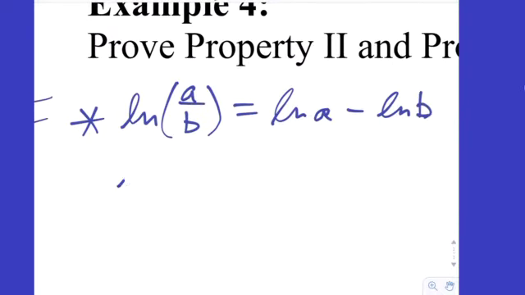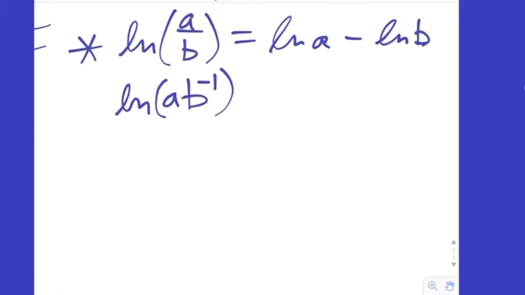So here's what I'm going to do first. I am going to rewrite my argument A divided by B. I'm going to rewrite it as A times B to the negative first. Is that good? Is that equivalent? Yeah, sure it is. Now I have a product. So I can use property 1.